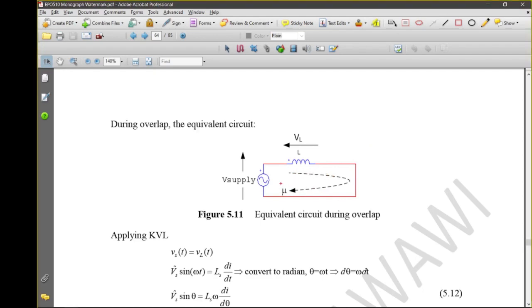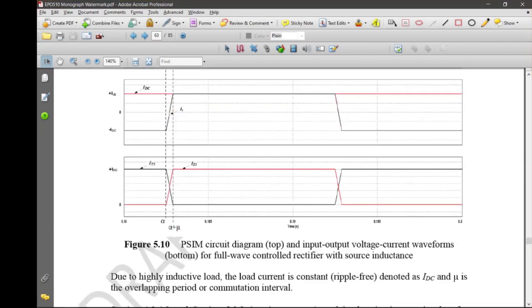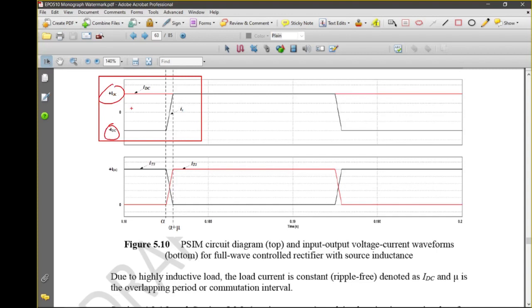So this is IU. Then you do the KVL again. It's very similar to what happened before. Now we have alpha plus mu, alpha plus mu, and we have minus IDC. This is with respect to the input current. So your current starts from minus IDC to IDC. Start from there, it ends up at that point.